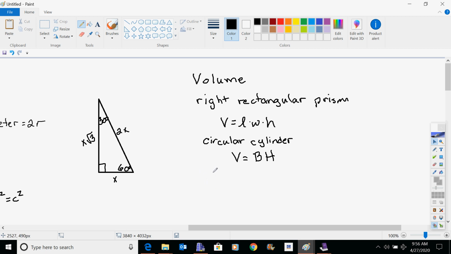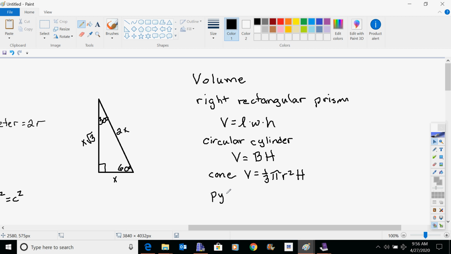For a cone, you had a volume formula that was 1/3 pi r squared times capital H. In other words, how tall the whole cone was.